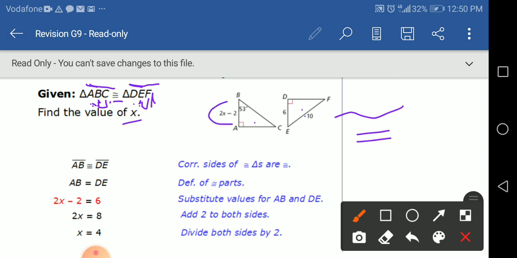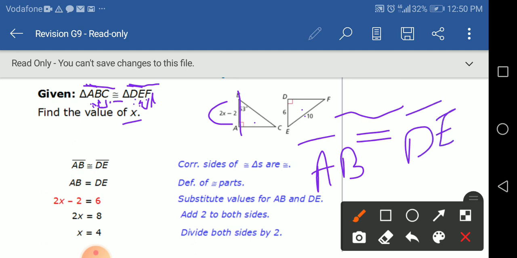Can you see x? Yes, I have here 2x minus 2. 2x minus 2 is the length of segment AB. Segment AB is congruent to segment DE. DE segment is given 6.